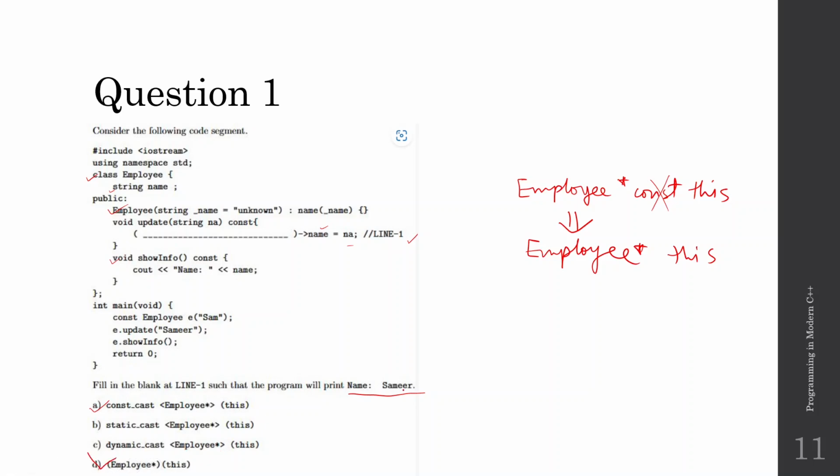We can use the C style way also, which is employee star this. Now again, see, the type of this is employee star const, so we are casting it to an employee star object. So we are removing the constant. Any questions on this one?